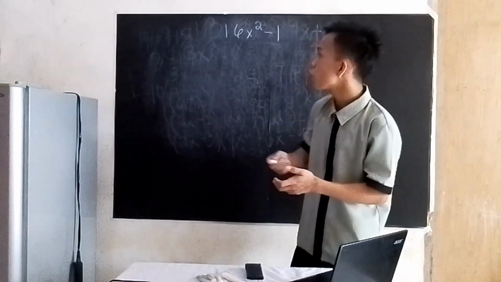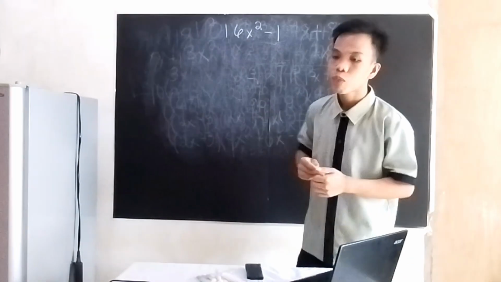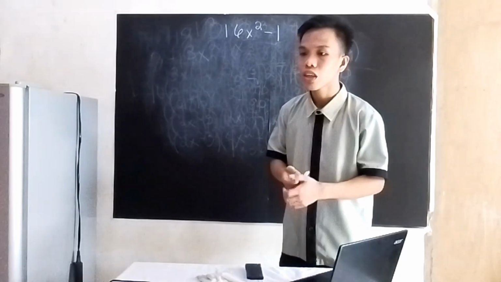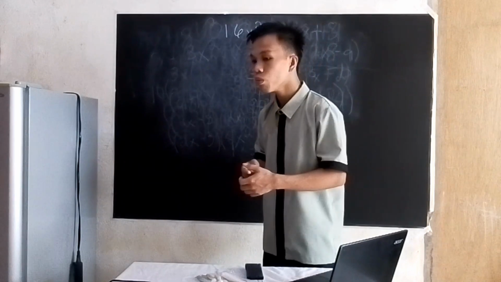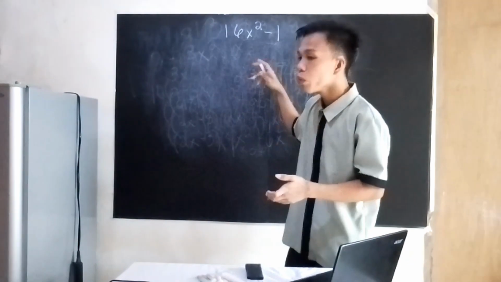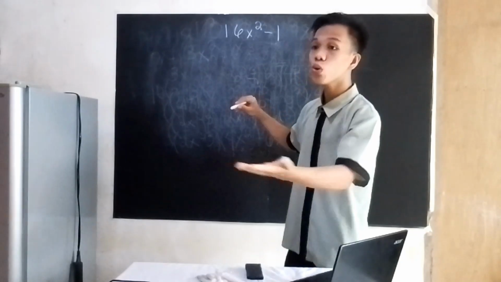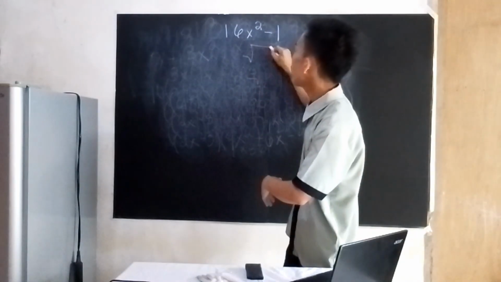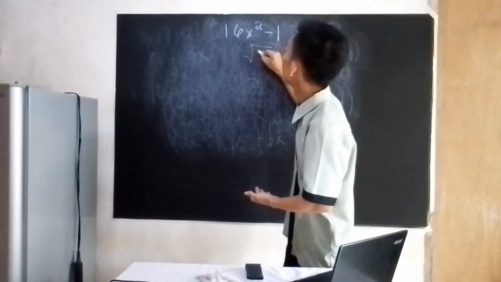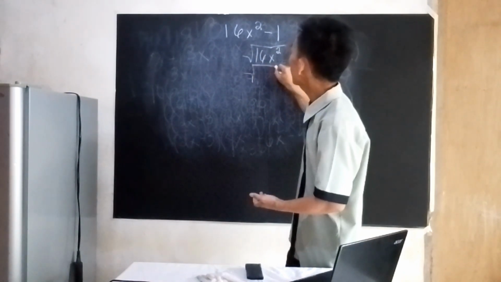Since it is a difference of two squares, 16x squared is a perfect square, and 1 is a perfect square also. So just like in the difference of two cubes, where we took the cube root of each term, in here we are going to extract the square root of each term: the square root of 16x squared and the square root of 1.